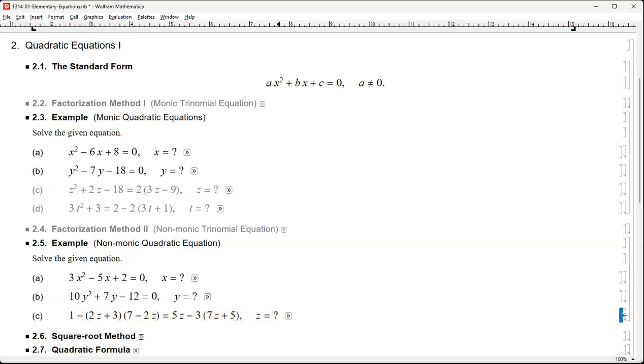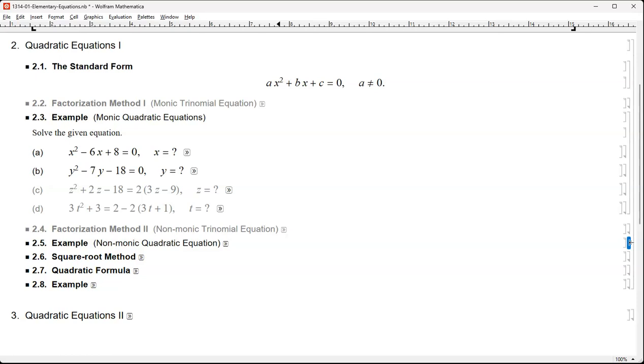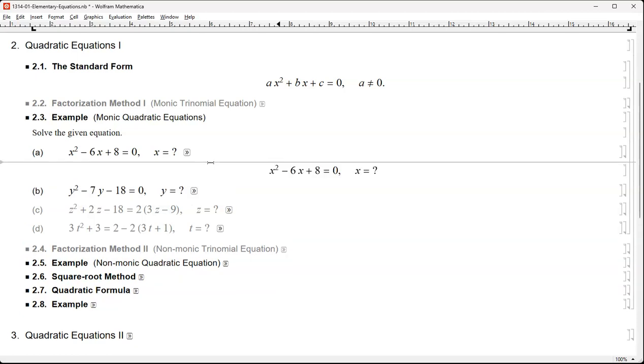In any case, let's postpone that. Okay, that's the order, that's the strategy. Let's begin with the simplest monic. So the simplest monic quadratic equation, and let's work it out.